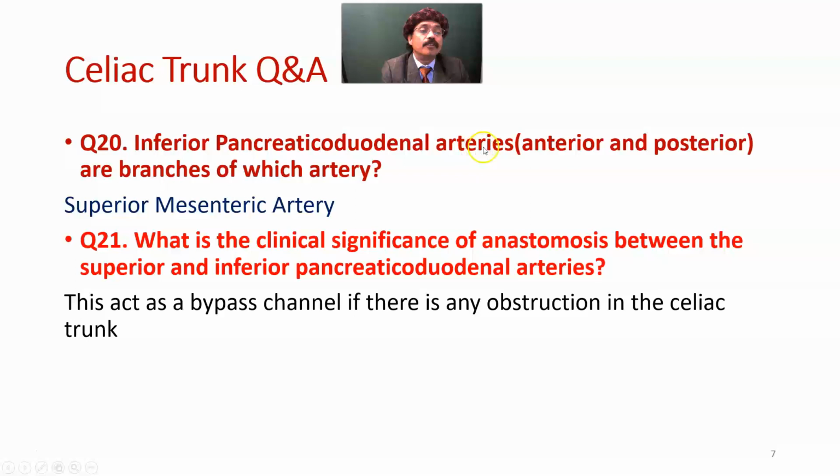The inferior pancreaticoduodenal arteries, again there may be two, anterior and posterior, are branches of which artery? Superior mesenteric artery. The superior mesenteric artery is the artery of which gut? Midgut. The celiac trunk is the artery of which gut? Foregut. The inferior mesenteric artery is a branch supplying which gut?